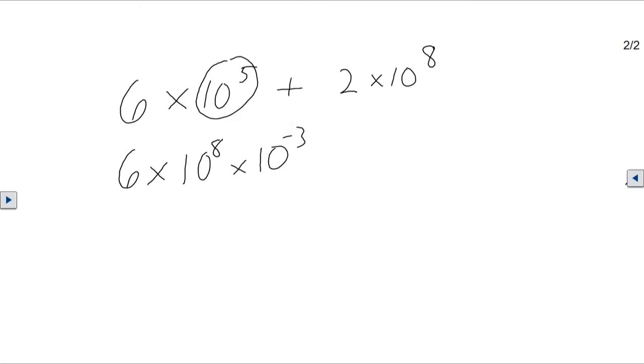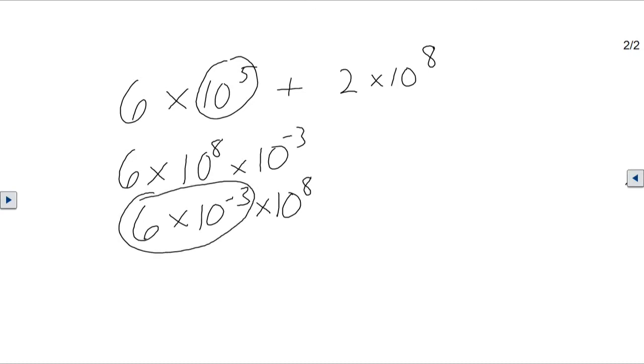So I haven't changed my value here. 6 times 10 to the 5th is like 6 times 10 to the 8th times 10 to the negative 3rd. 8 minus 3 gets us 5. Then I'm going to rearrange this like that. Now what I can do is simplify that part. So times 10 to the negative 3rd, we're going to move our decimal left 3 places to get that, times 10 to the 8th.